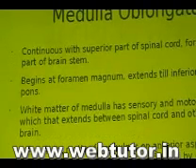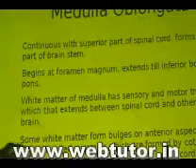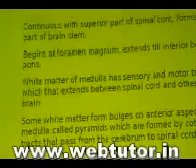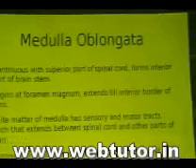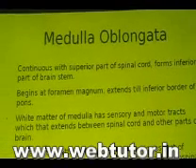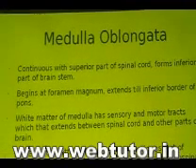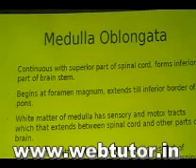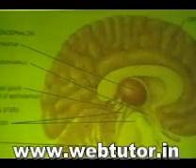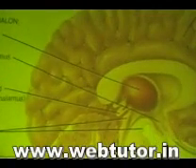So mainly we'll talk about the medulla oblongata. It is continuous with the superior part of the spinal cord and forms the inferior part of the brain stem. This is the lowermost region. If you have a look at the brain stem diagram, here is your spinal cord, here is your medulla oblongata.